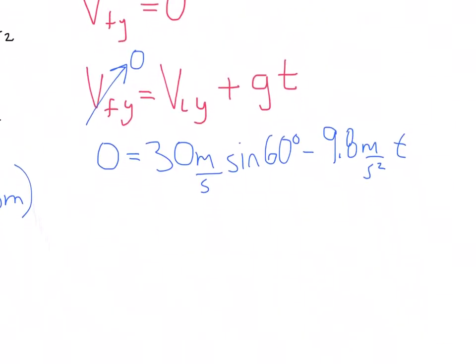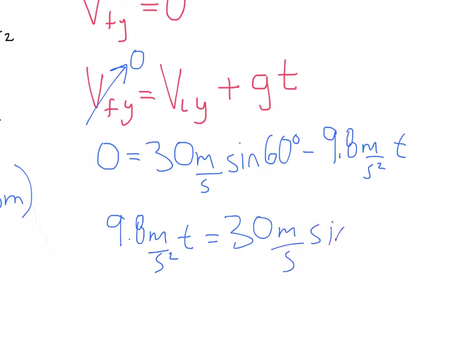So I'm going to add 9.8 meters per second squared t to both sides, and I get 9.8 meters per second squared t equals 30 meters per second sine of 60 degrees.